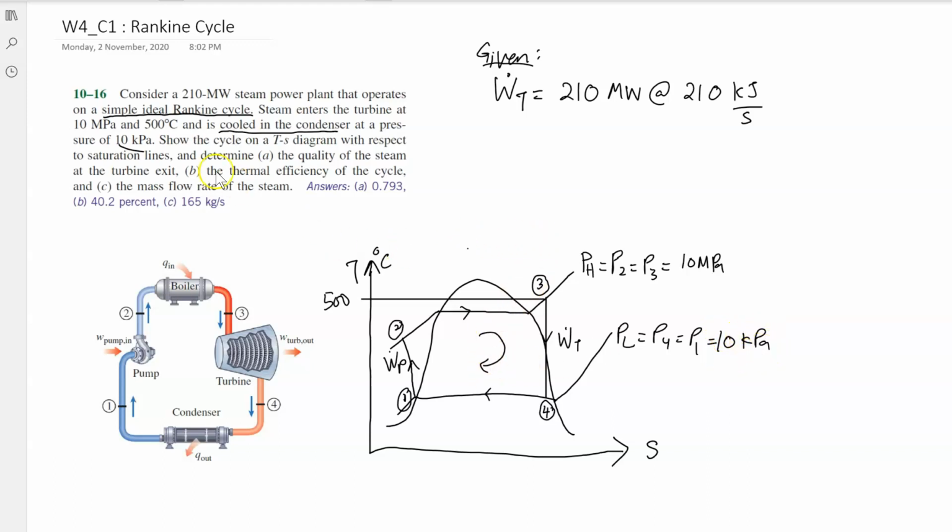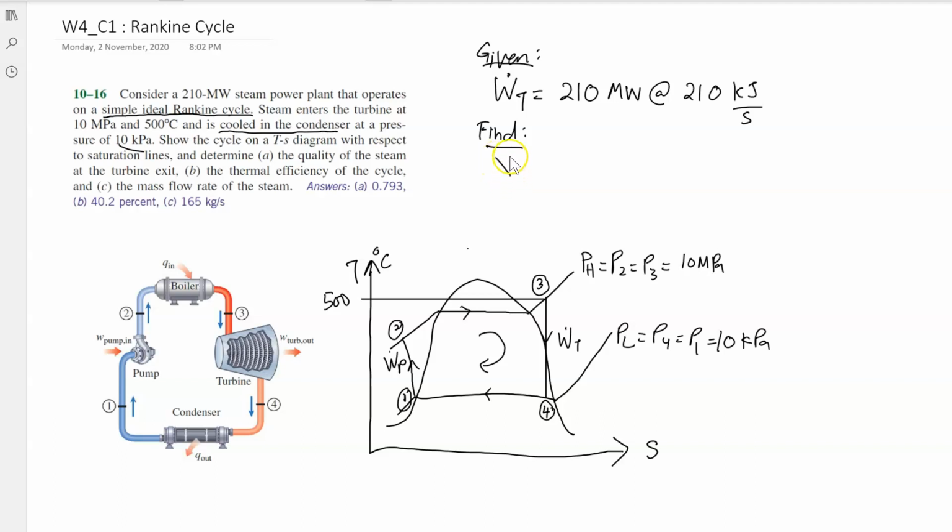Alright, so you need to show the cycle on the TS diagram. This is exactly what we do with respect to the saturation line. So this is the saturation line, and determine the quality of the steam. So what you will need to find is the quality of the steam at the turbine exit.